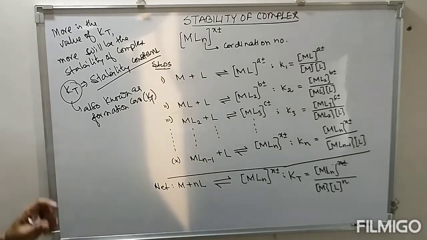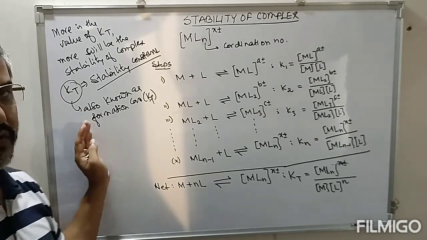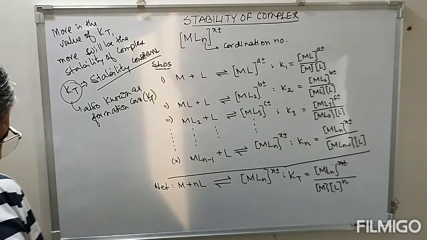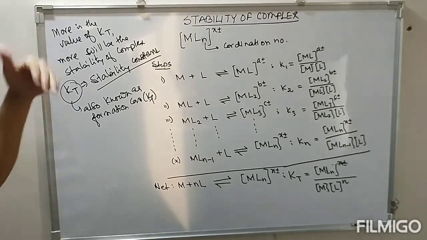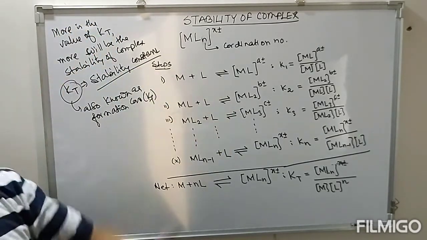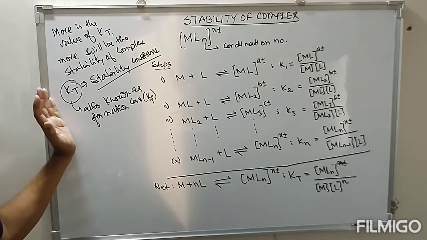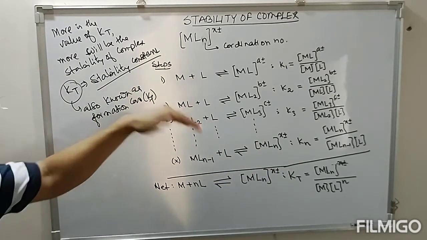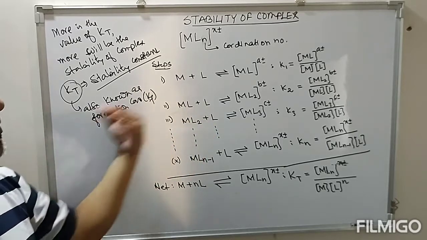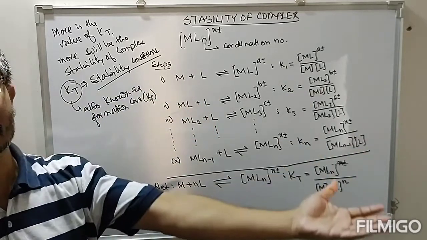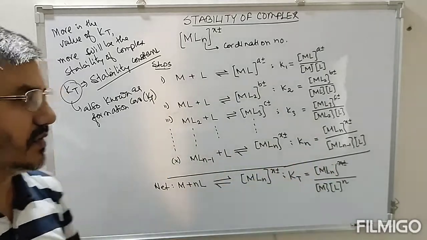So this Kf is nothing but the total equilibrium constant for the formation of complex. So if the equilibrium constant is large, the stability constant is more and the complex will be more stable. Kt large means the formation constant is more, another name of Kt, so the complex should be more stable.